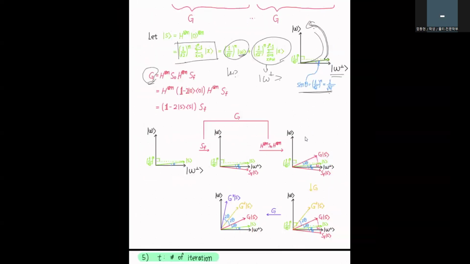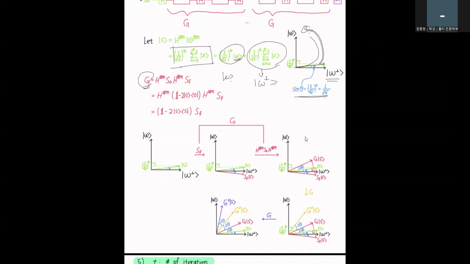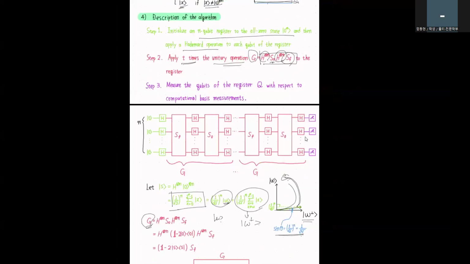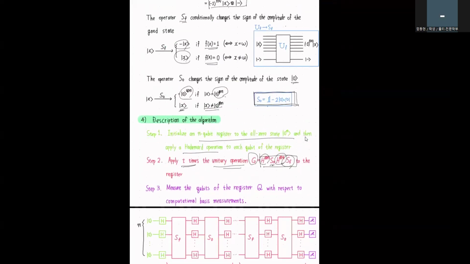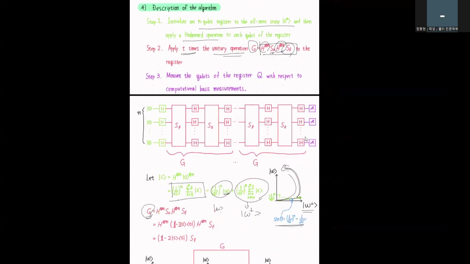So let's go through this step by step. If we apply S_f, what happens is that it reflects the final superposition state S around this omega perp, because it's minus x if f of x equals 1, and x if f of x equals 0.